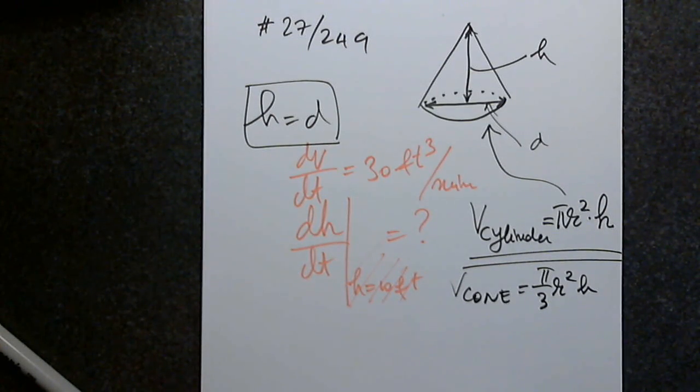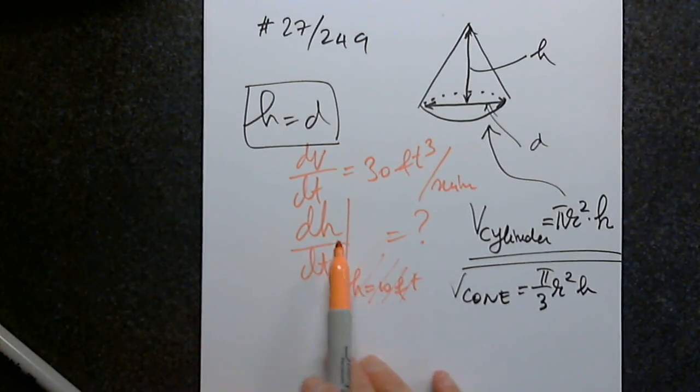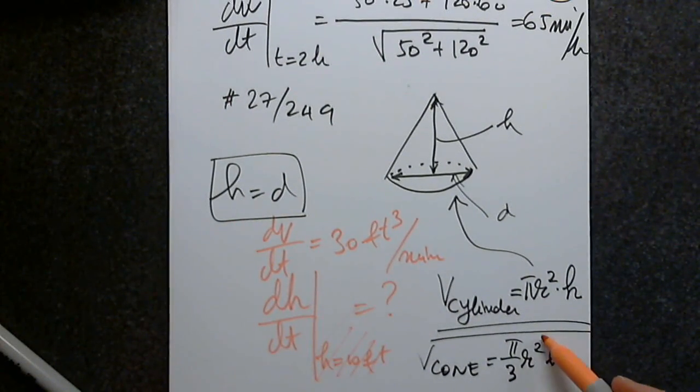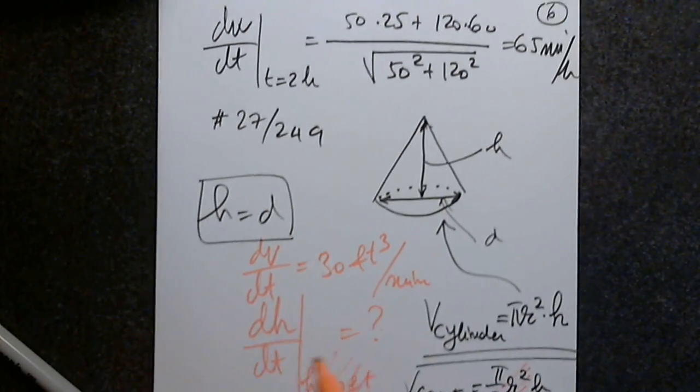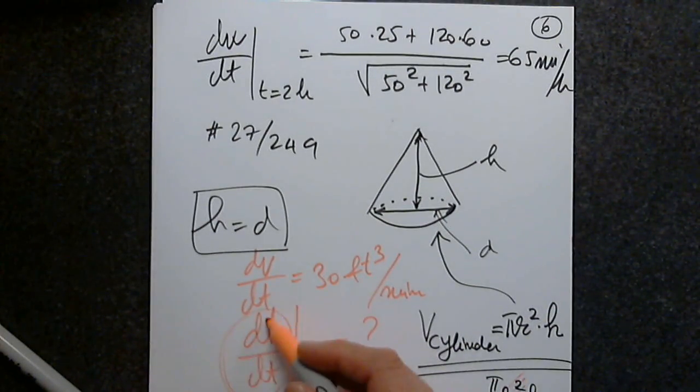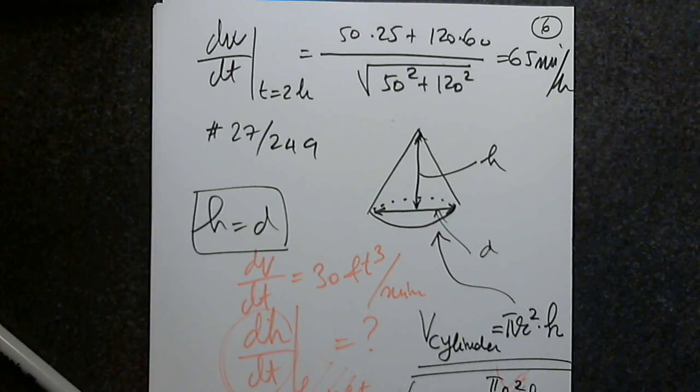What do you think? Okay, so we want to substitute. First of all, we cannot really use the radius. I don't care for it. I don't know anything about it. And I am really asked to find the height. So I want the radius to go away.